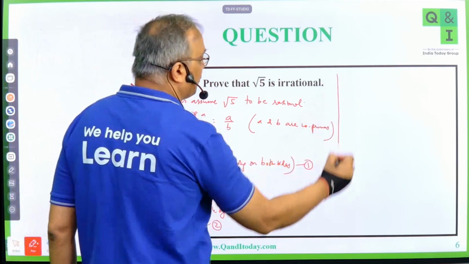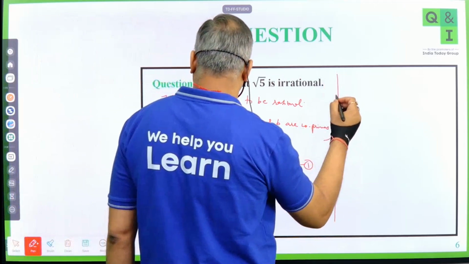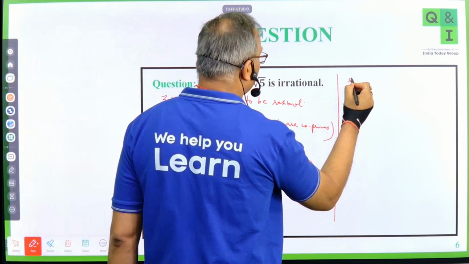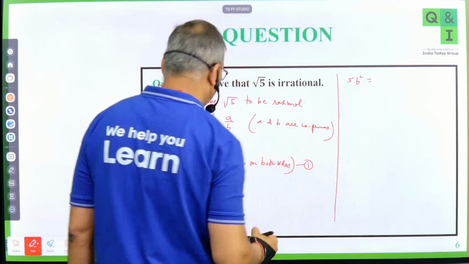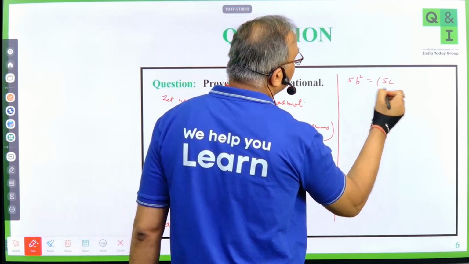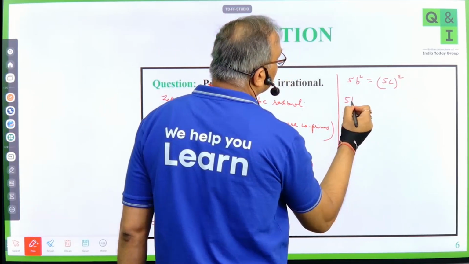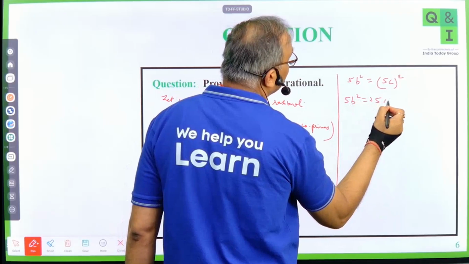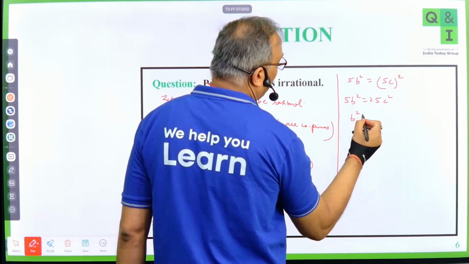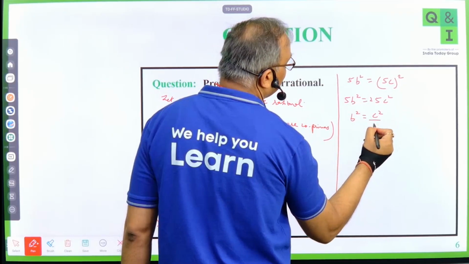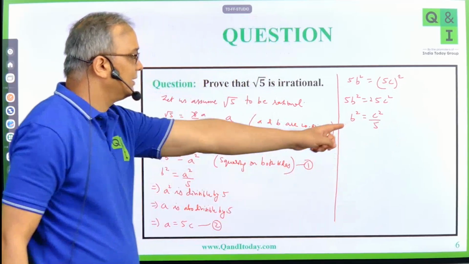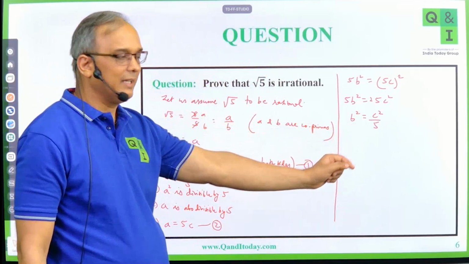So what we are going to get is 5b square is equal to 5c whole square. So that is 5b square is 25c square, or b square is 5c square. Now, since b is an integer, right?